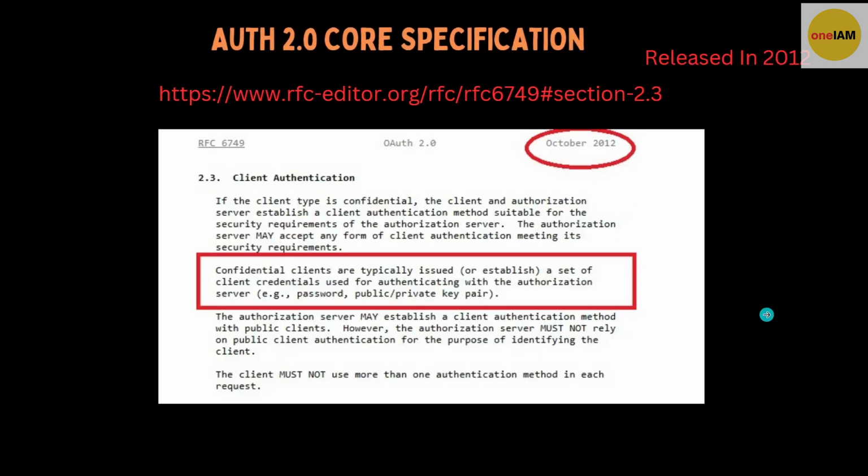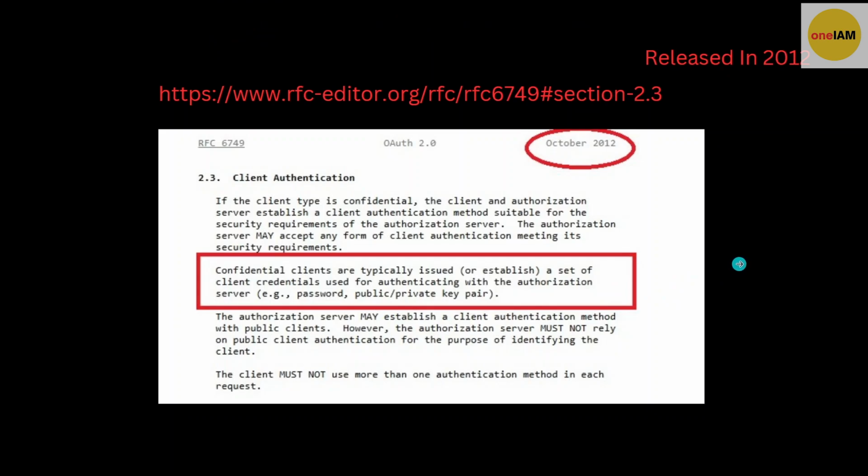In 2012, we got the OAuth 2.0 specification, and under client authentication, we got kind of a hint that we can use a public private key pair to authenticate our client with the authorization server. But there's no mention of the word mTLS or mutual TLS. It's just a hint that you can use a public private key pair for authenticating your client.